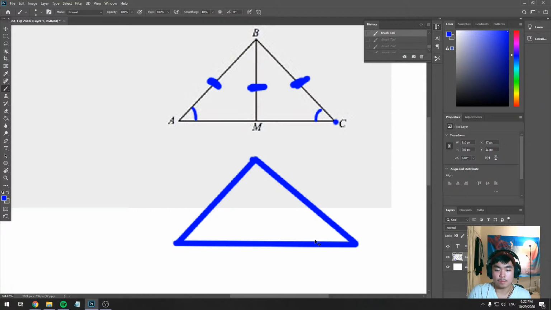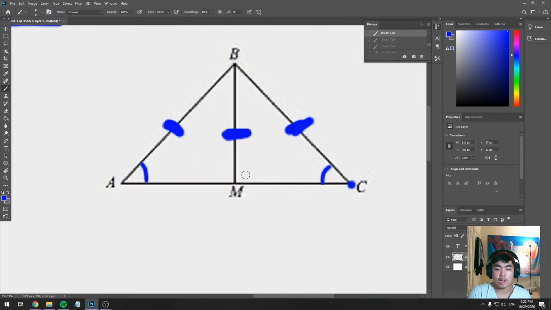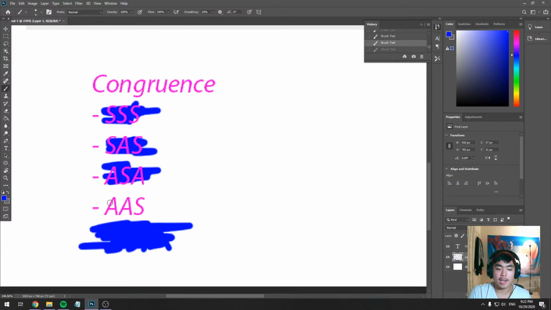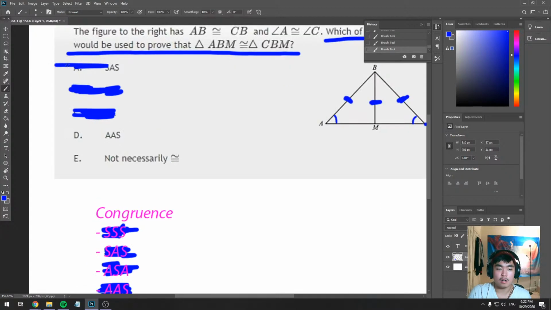So based on the description, I have no idea whether these angles are equal or not. We can't get another angle pair, and it won't work. So none of these work.